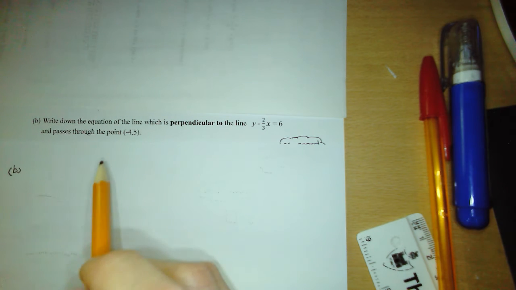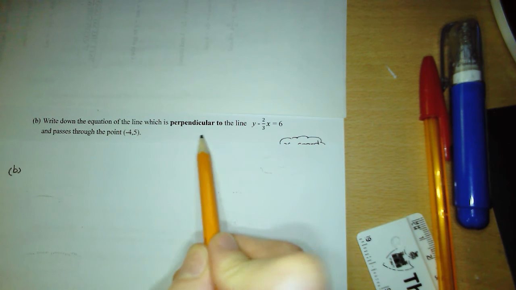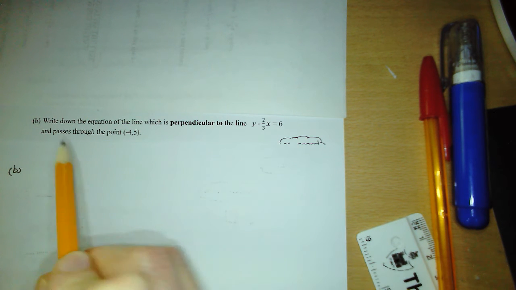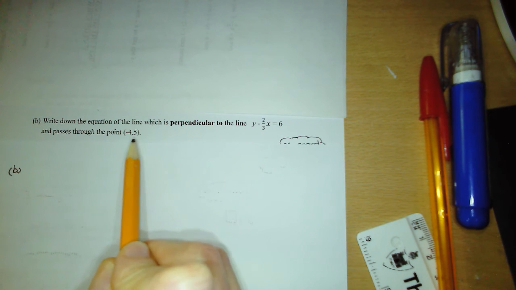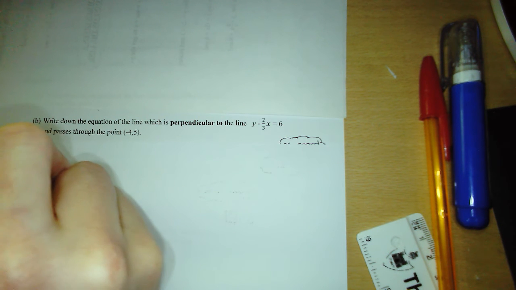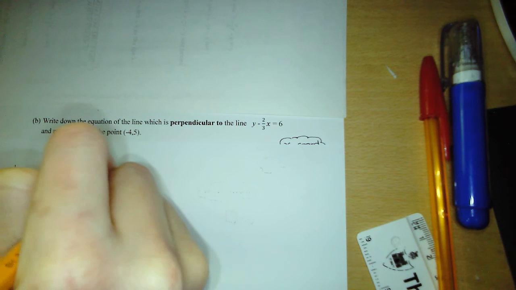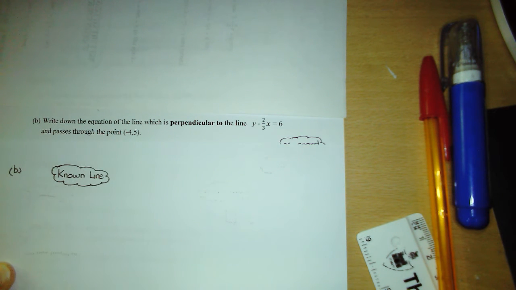Okay, example B says write down the equation of the line which is perpendicular to the known line and the unknown line passes through the point -4, 5. So again, we've got two lines in the question, one we know and then we've an unknown line.